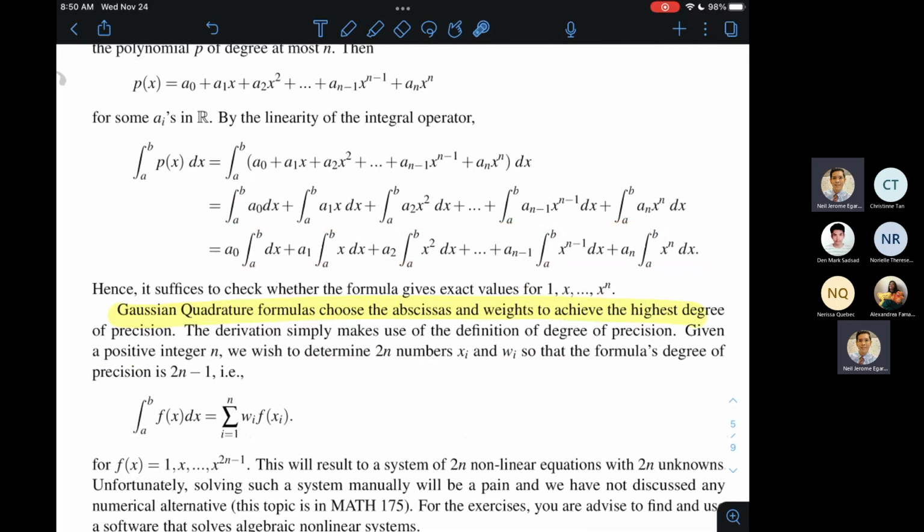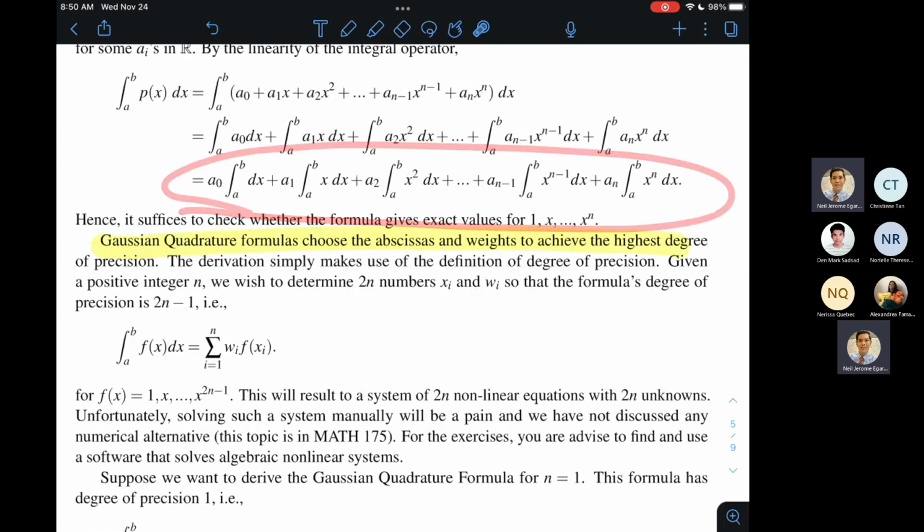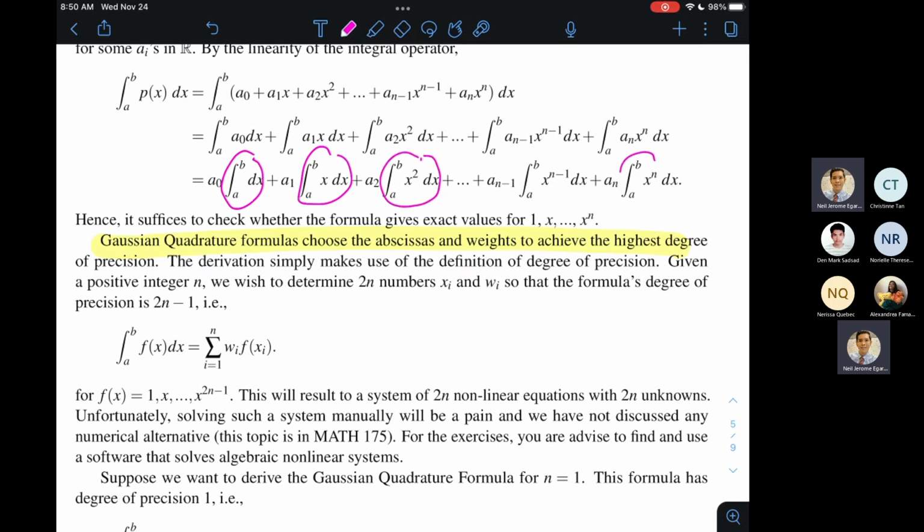So paano natin mag-guarantee na eksakto yung integral kay p? Hindi ko kailangan i-consider or i-check yung integral ng lahat ng posibleng polynomials. It turns out that looking at this, okay, I can just check if my quadrature rule can give me exactly the integral of 1 over the interval ab, the integral of x over the interval ab, the integral of x squared until the integral of x to the power n.